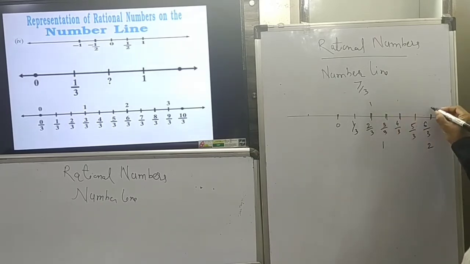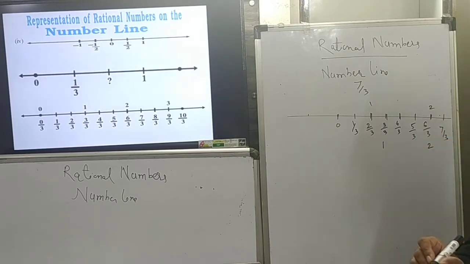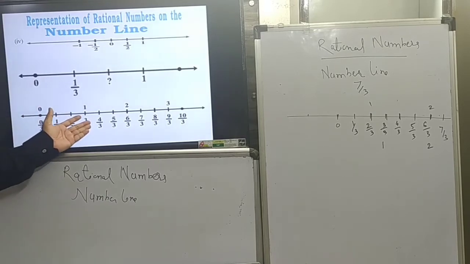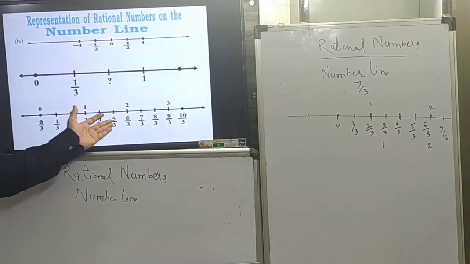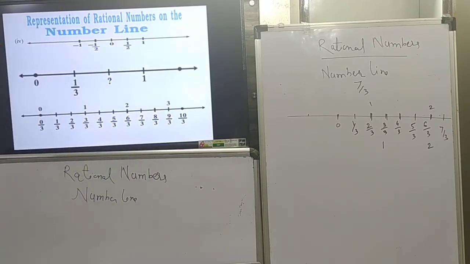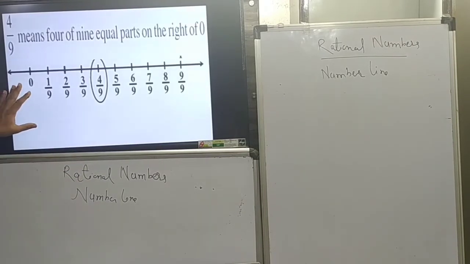This is 1, this is 2. And the next part is 7 by 3. Here you can find this first part is 1 by 3, 2 by 3, 3 by 3 means this is 1, 4 by 3, 5 by 3, 6 by 3, 7 by 3, 8 by 3 onward. Now it becomes easy to represent on the number line.